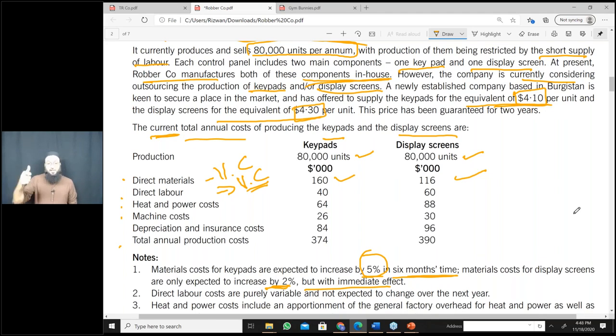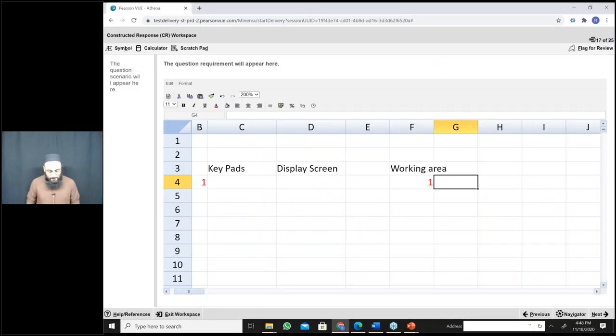It's very simple. 5 divided by 12 is the per month rate of increase, and this will be applied for 6 months. So 5 is an annual rate, divided by 12 to get the per month rate, multiplied by 6 because I need the rate for 6 months.